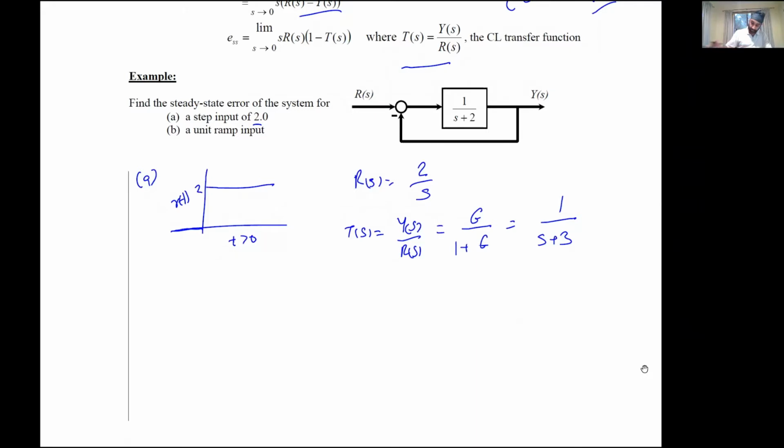So steady state error e_ss is equal to limit s tending towards 0, s times R(s) times 1 minus T(s).